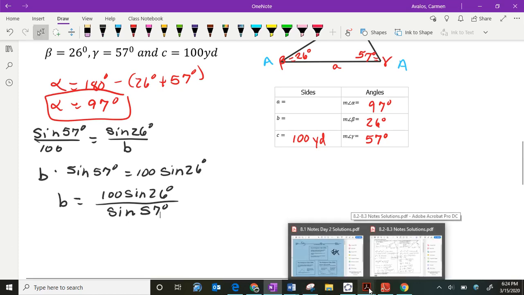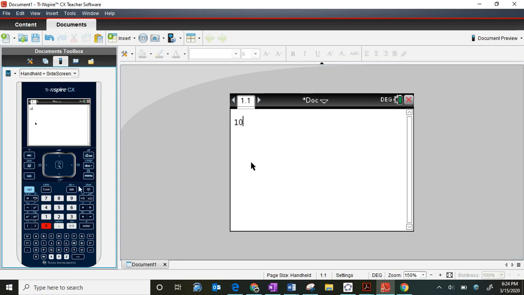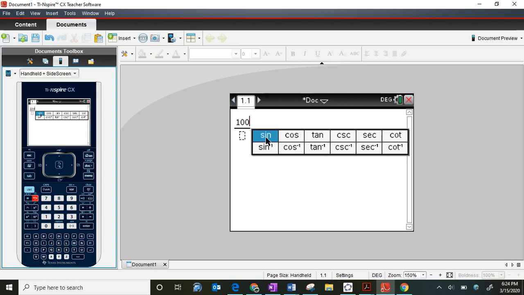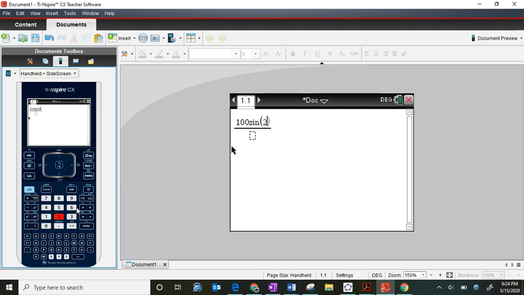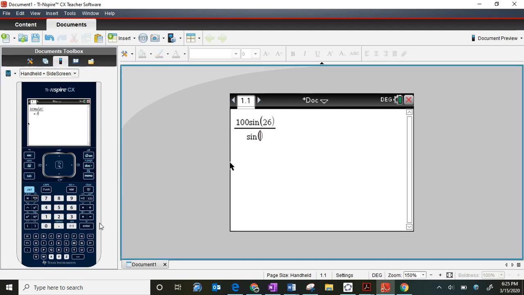If we look at the calculator, because we're working with degrees, make sure your calculator is on degrees. Mine says degrees, so we're good to go. We're going to put in control division sign, and then 100, and then trig sine of 26, and then sine of 57.